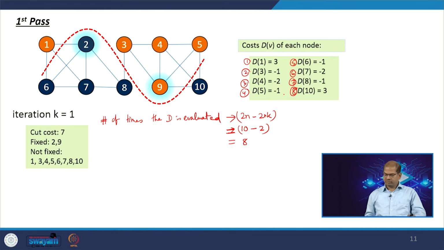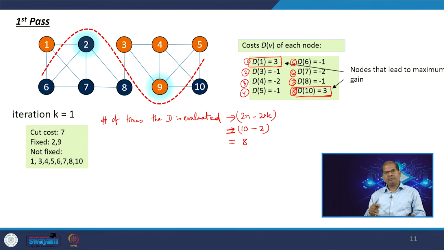Now we can see which nodes will be swapped. D of 1 is giving me a gain of 3 and D of 10 is giving me a gain of 3. These two nodes give the highest gain, so I need to swap them.